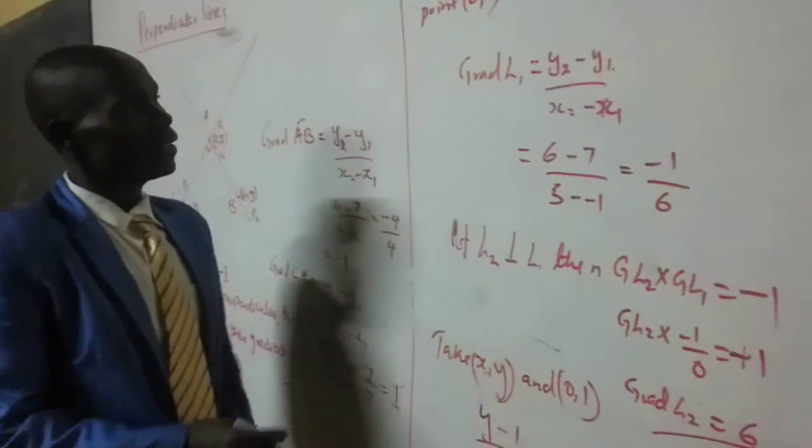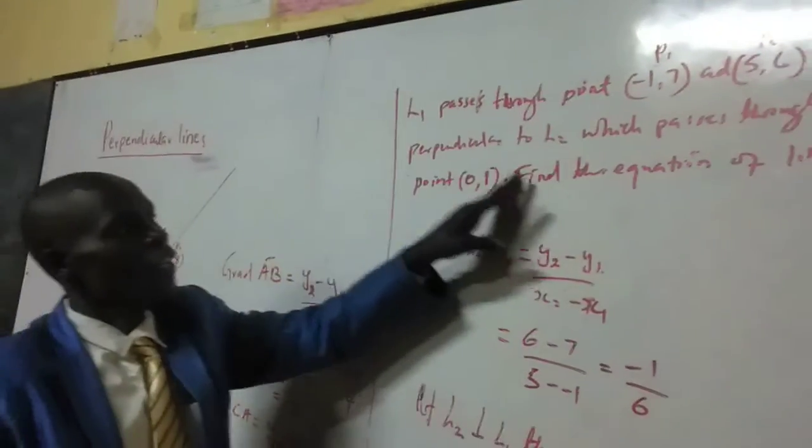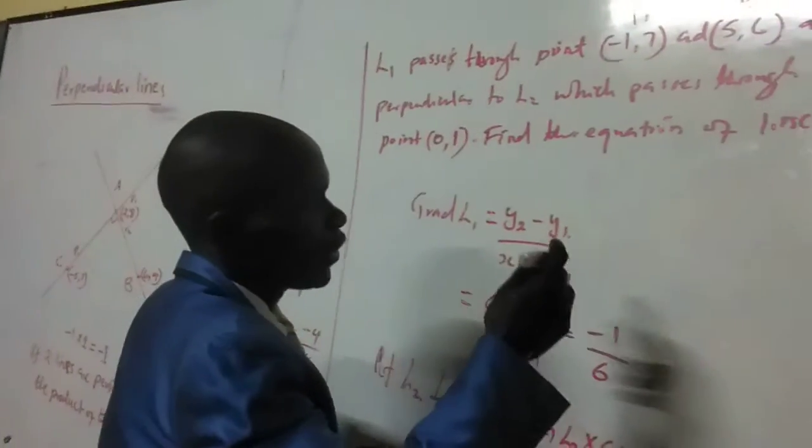So up to there, we can see how the concept of perpendicular lines is applied in finding the equation of another line that is perpendicular to the previous line. You can attempt this in your free time.